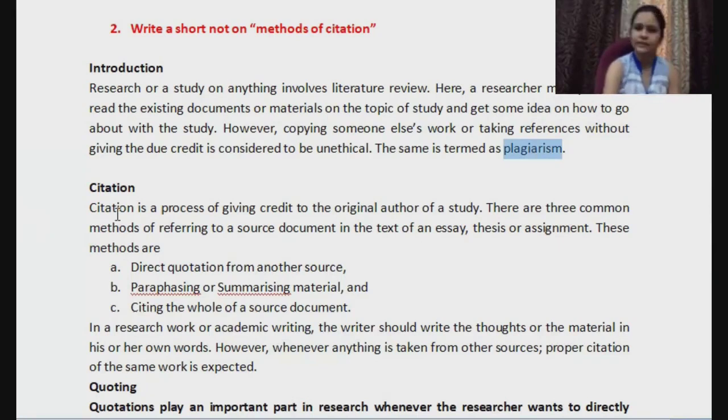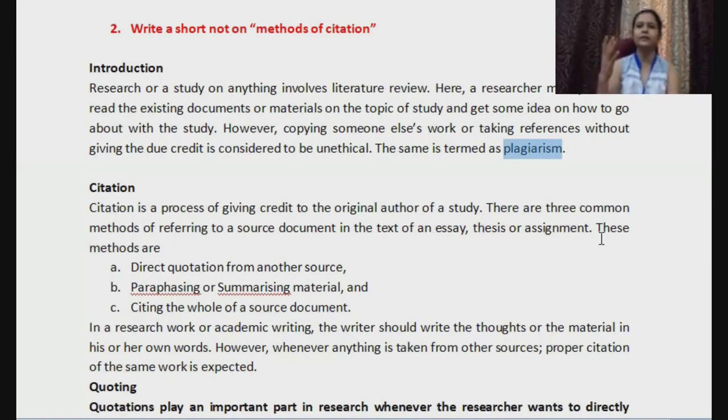What is citation? Citation is a process of giving credit to the original author of a study. You give credit that yes, this author of this particular book had written this thing and I have taken reference from him or her. There are three common methods of referring to a source document in the text of an essay, thesis, or assignment.